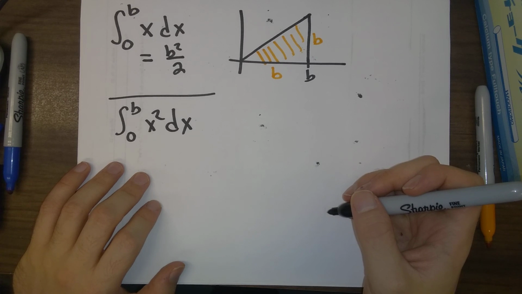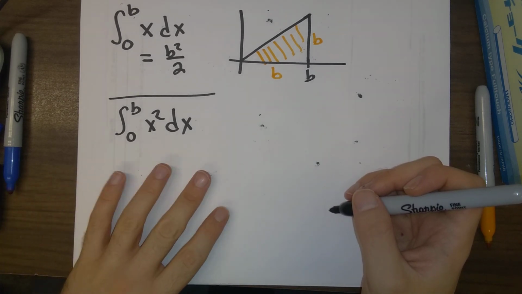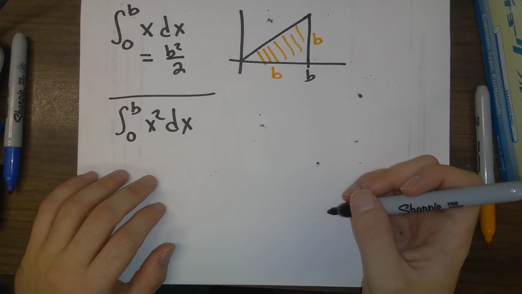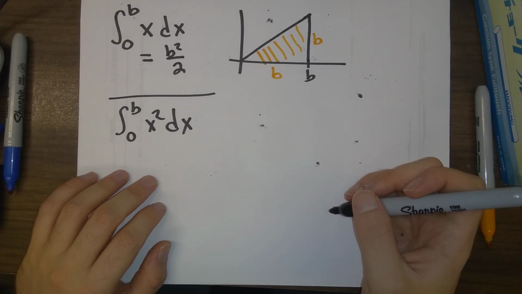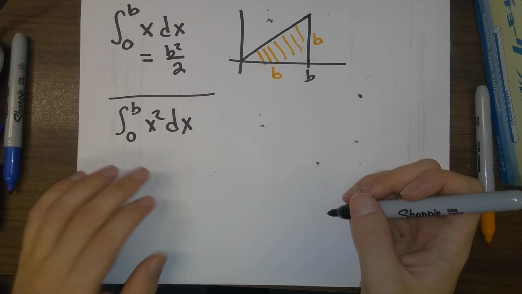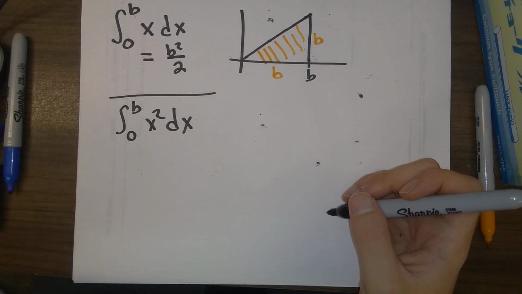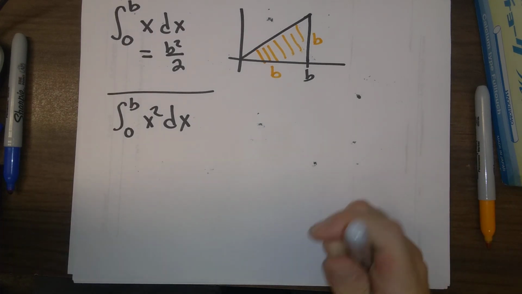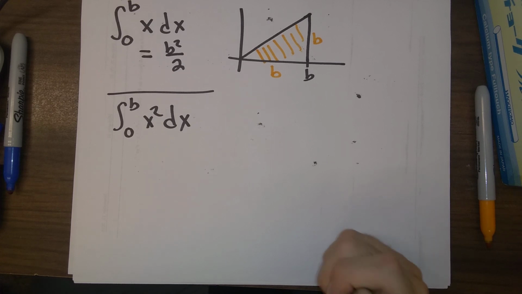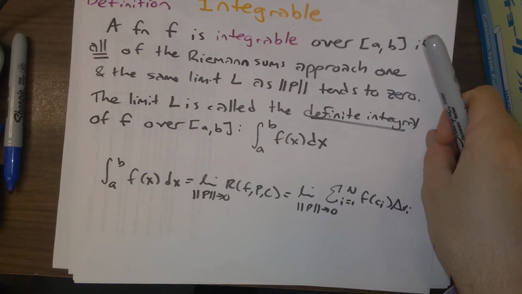So this is going to be integrable from before, and so we're going to use our right endpoint approximations from before to evaluate this definite integral. From before, we know that, so go back to our definition of integrable.